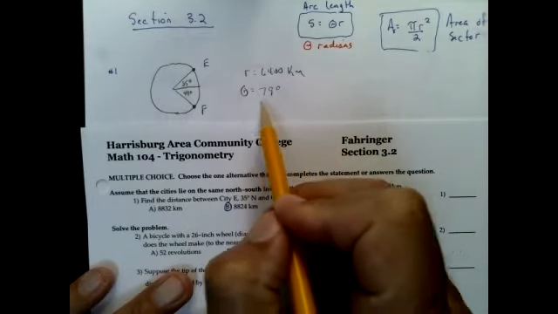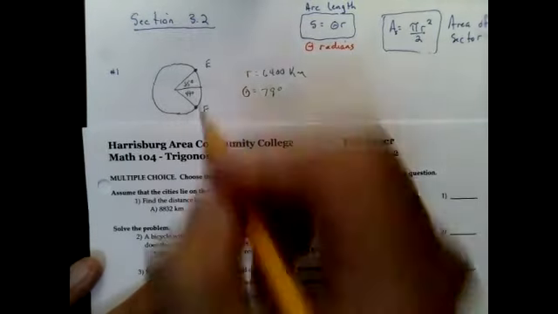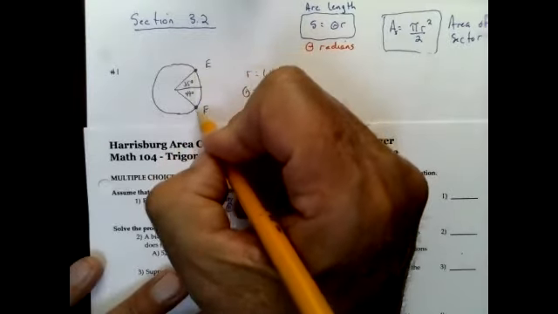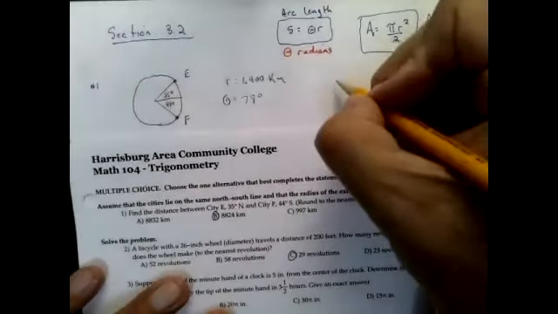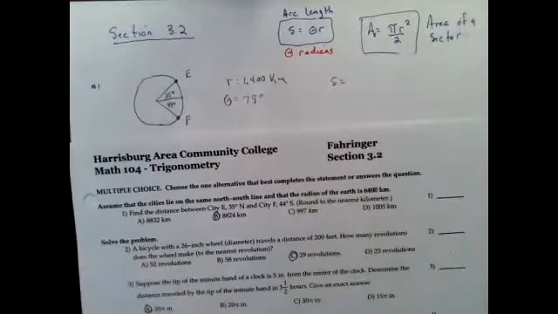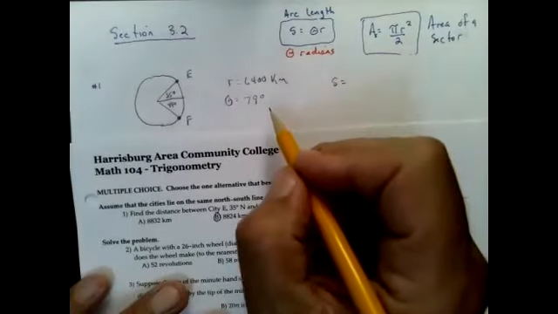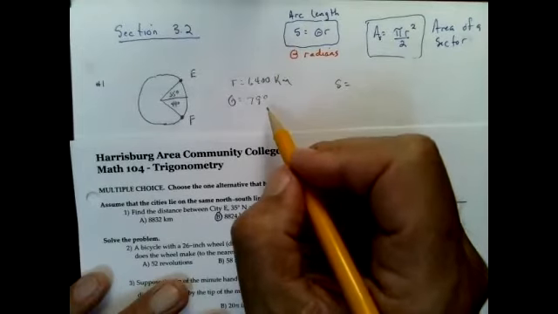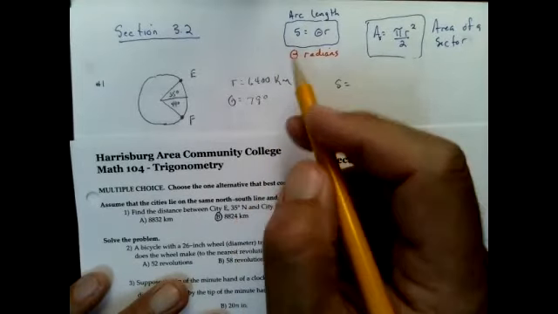So I have a radius of 6,400 kilometers, and I have a theta of 79 degrees, and I want to know how far this distance is, which is my arc length. So I'm going to say S equals theta times R. Thing is, I cannot use 79 degrees because theta has to be in radians.